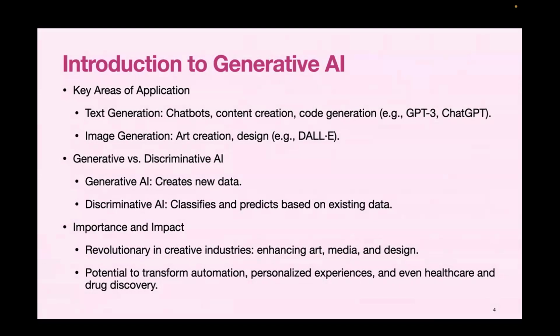We can use generative AI for text generation, content creation, and code generation. Given an algorithm, we can generate code out of it. As users, we use generative AI for all these things. Coming to image generation, this capability is used for art creation and design.